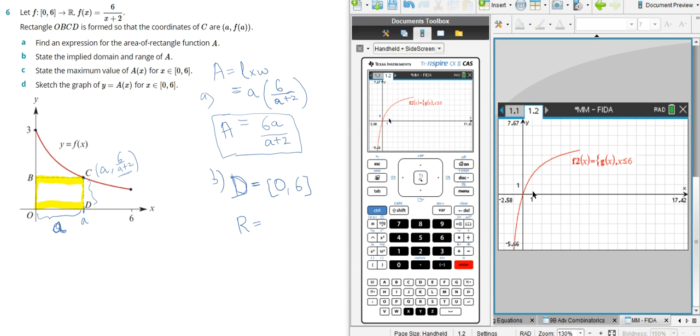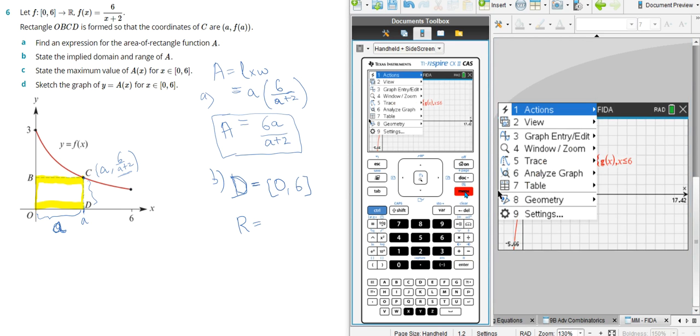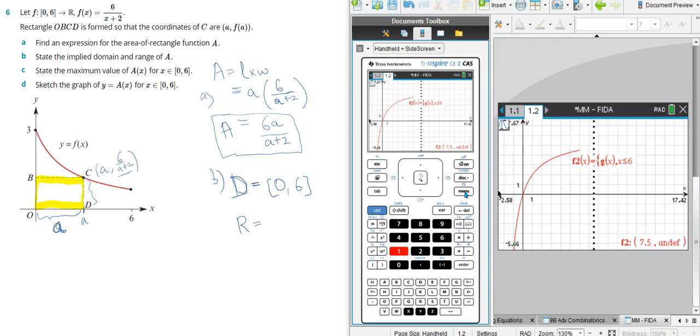There we go. So I can imagine the function from 0 to 6. That's where it's going to stop. Next, I'm going to go to menu 5, 1, and click on left. That is my maximum of the range, which is 4.5. We can write it as a fraction, 9/2, and the minimum is 0. That is my range.